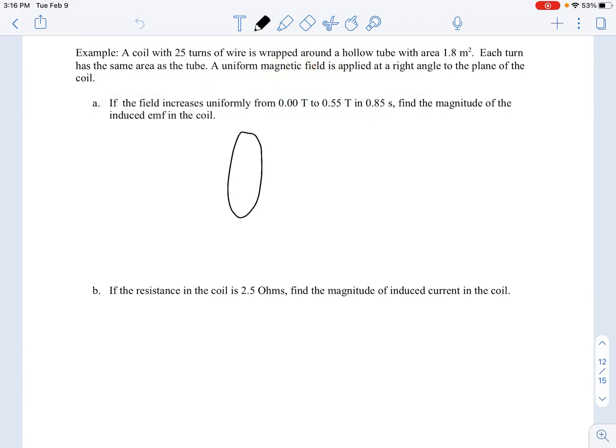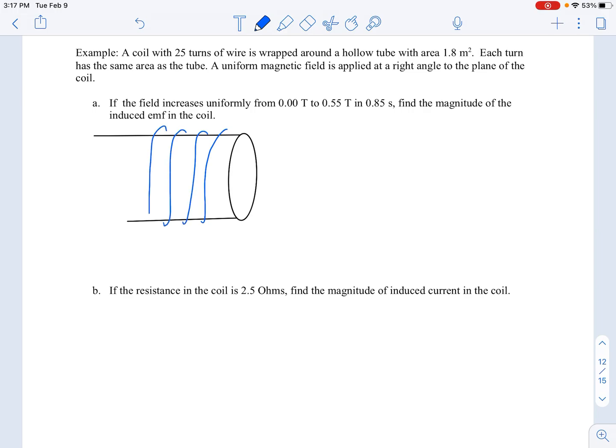Here's the tube. Here's the end of the tube, rather. And then we're going to have a wire wrapped around the tube. I'm not going to draw all of it, but it's going to be 25 turns.